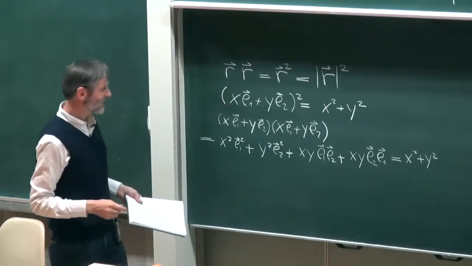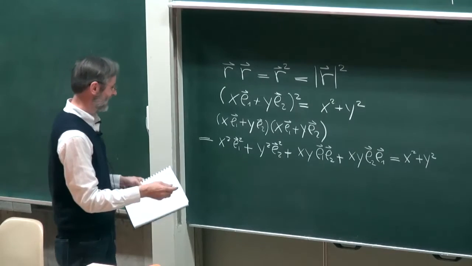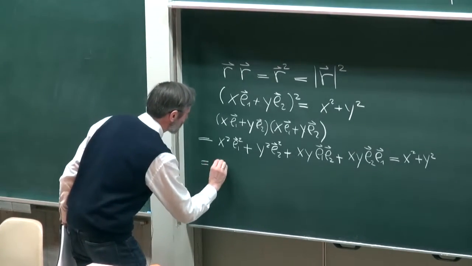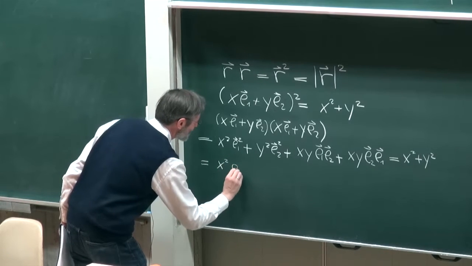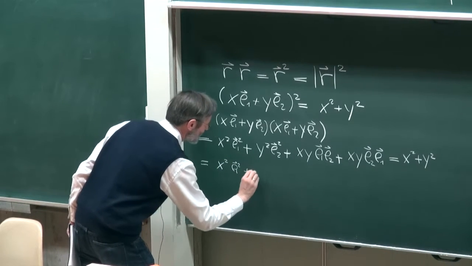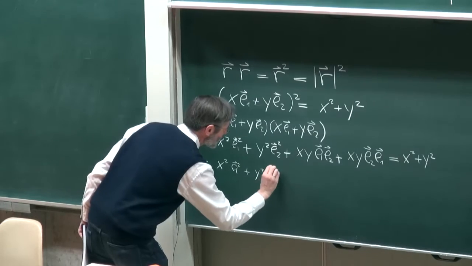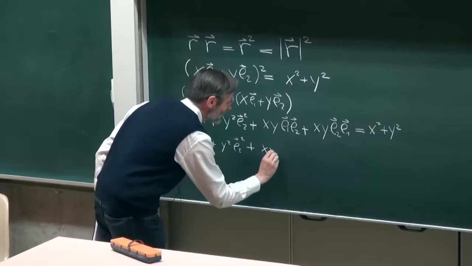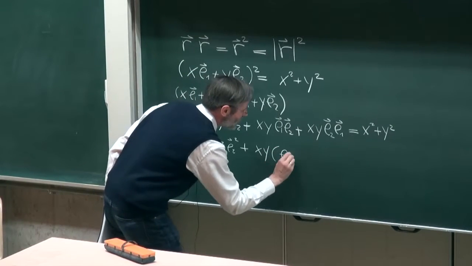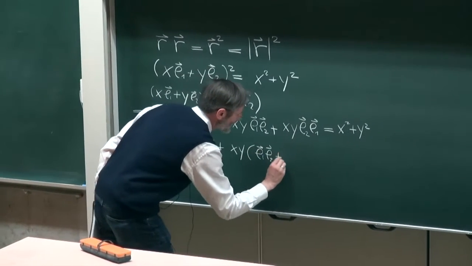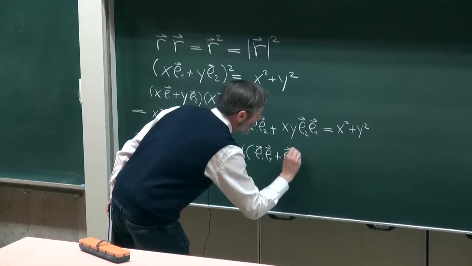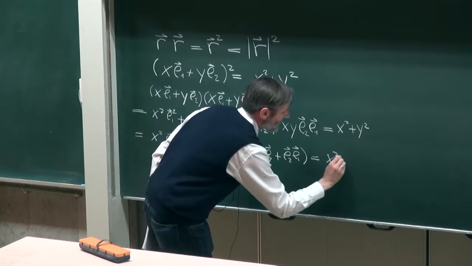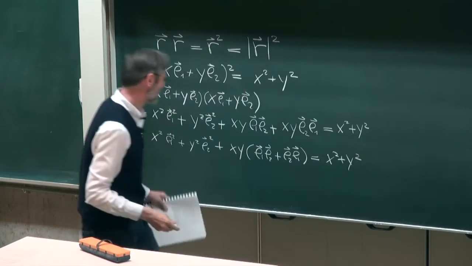Now, it's easy. We see that this can be fulfilled. Maybe first I write this once more: x squared e1 squared plus y squared e2 squared plus, taking xy out of the bracket, xy times e1 e2 plus e2 e1, equals x squared plus y squared.